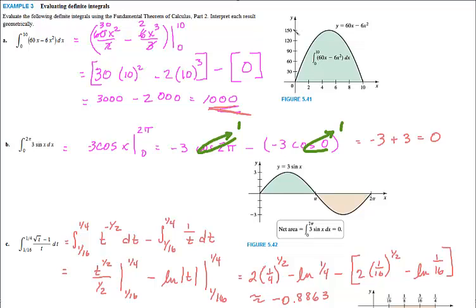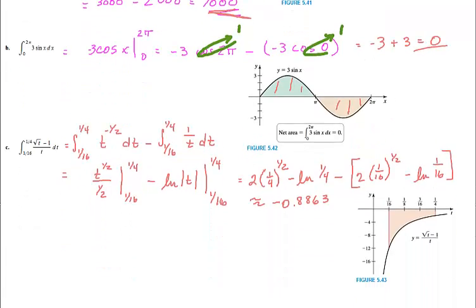Notice that this area here, there's quite a bit that's missing, so does 1,000 sound reasonable? Yes. This next one is my cosine function. I have a very symmetric graph, the same amount in the top as I do in the bottom, therefore the area was 0. Okay, that makes sense as well.